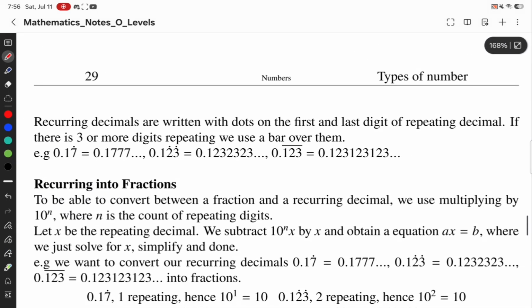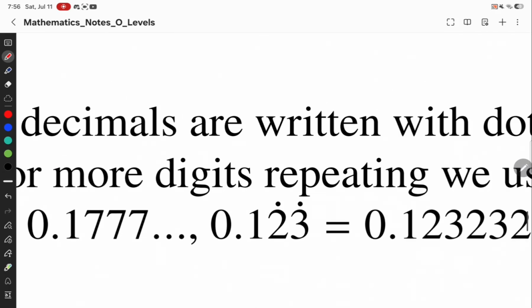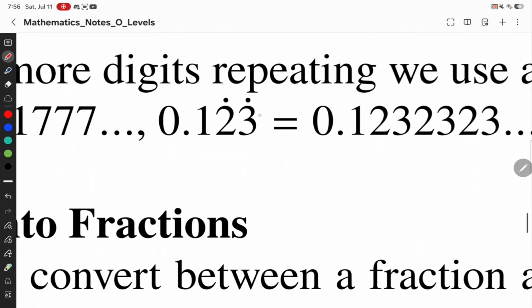Now recurring decimals are written with dots on the first and the last digit of the repeating decimal. If there are two or more digits repeating, we use a bar over them. This is copy paste from my original notes. This dot means this digit is repeating. These dots mean this group of digits is repeating.